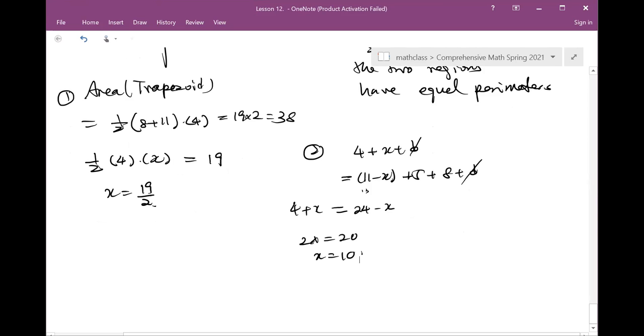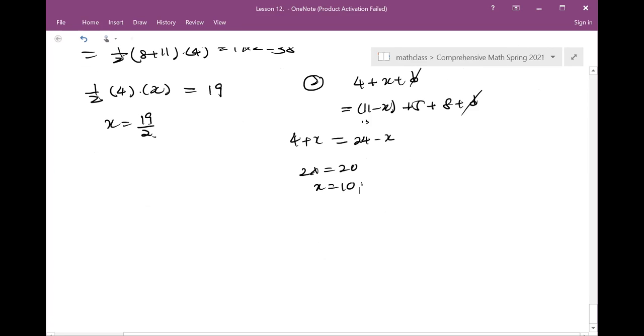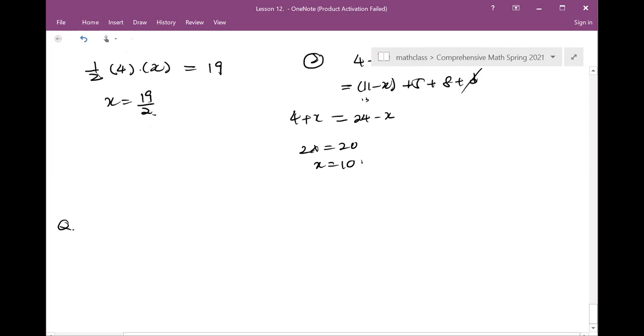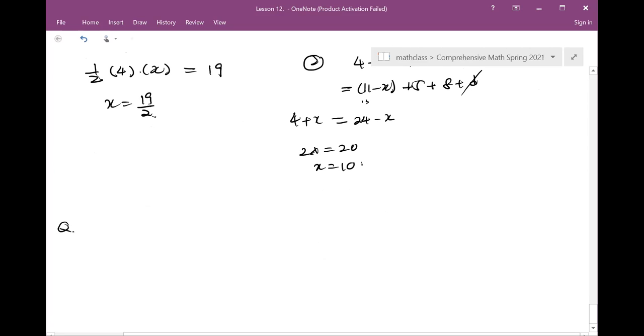Okay. Let's finish the last problem. Okay. So here's a question. Now this is a topic about reflection. Okay, so the point (2, 3) is reflected about the x-axis to the point P, another point.